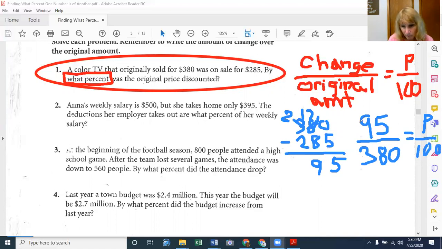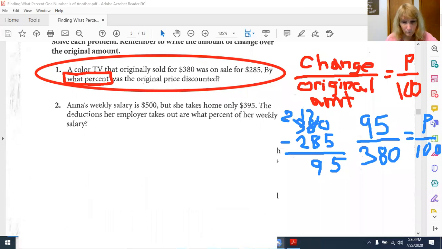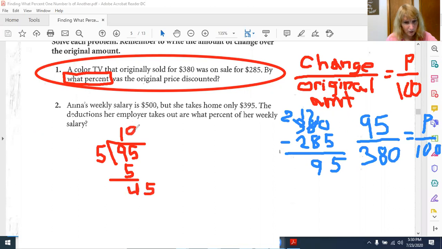So now we could reduce 95 over 380, and I know 5 will work for sure. Probably something bigger than that, but let me make a little white space here. If I divide 95 by 5, it's probably going to be 19. 5 goes in there one time. 9 from 5 is 4. Bring down the 5. 5 times 9 is 45, so 19.